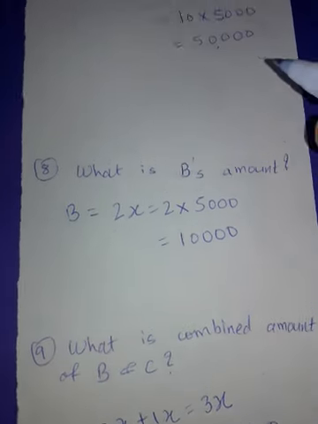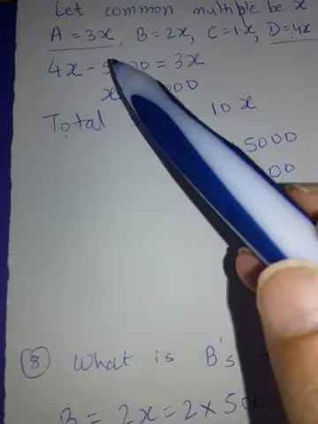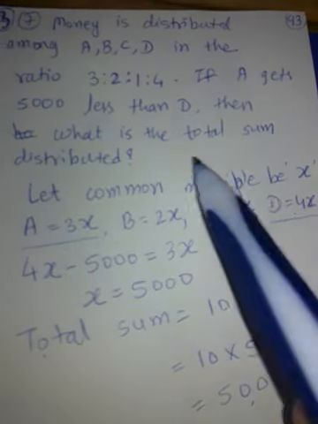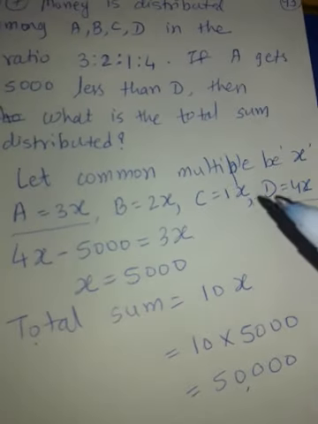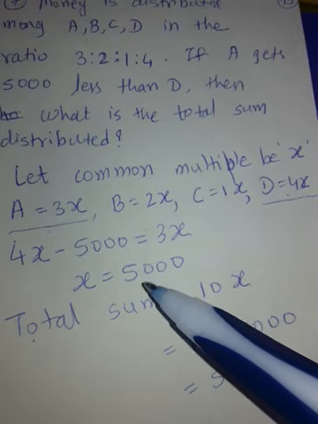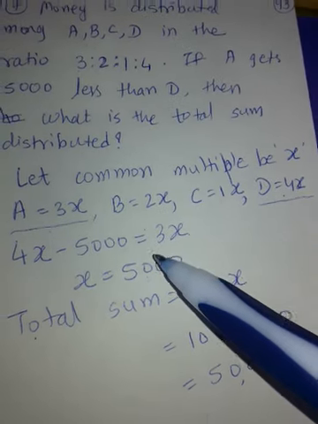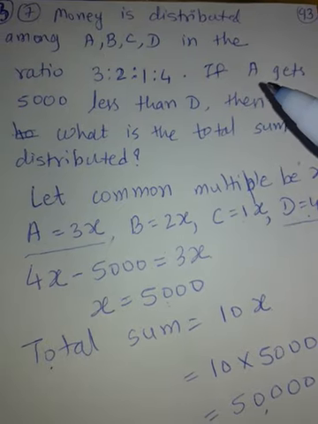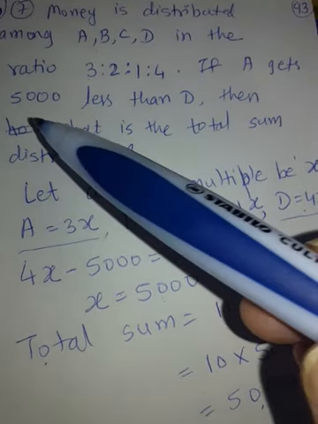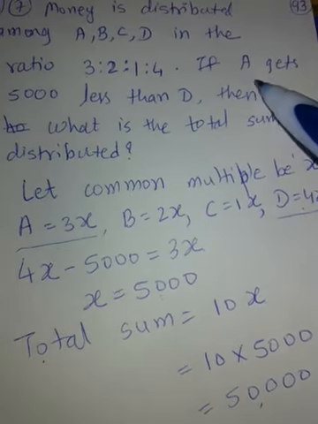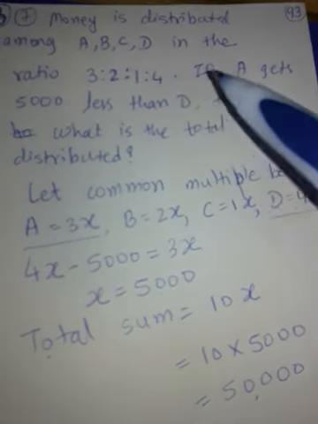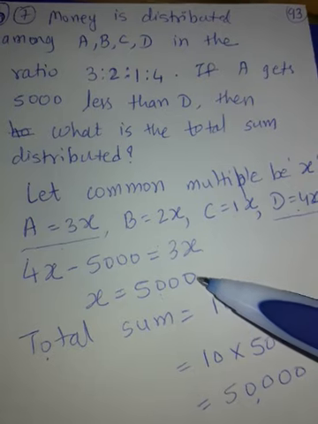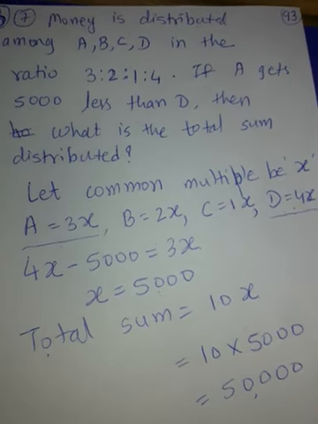So once you get the common multiple, let the question be anything, let the last line be anything, you will be able to find it once you get the value of this common multiple. And for getting this value, you will need to use the relation given in the problem. Here we use this line, A gets 5000 less than D. Some relation they will give you, you need to use that and find a common multiple.